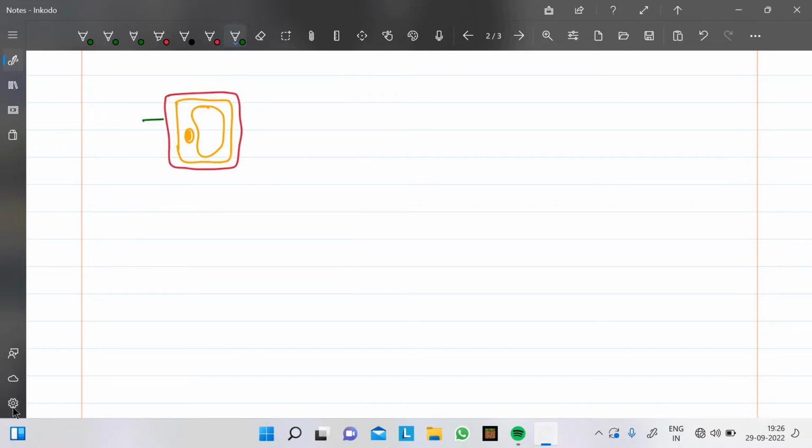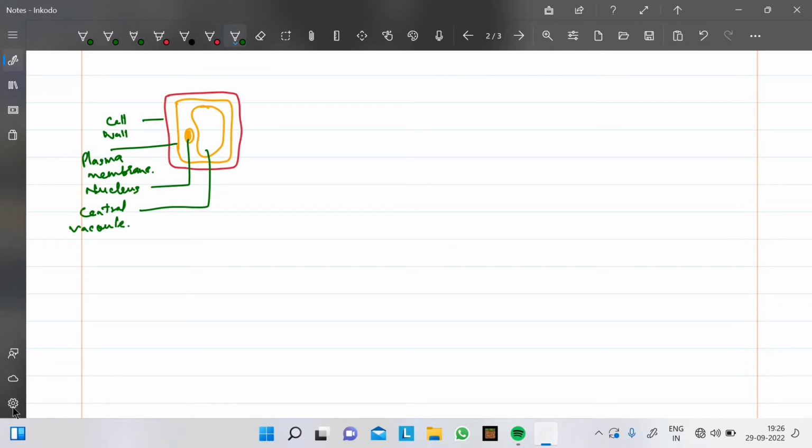This is the cell wall, this is the plasma membrane, this is the nucleus, and this is the central vacuole.